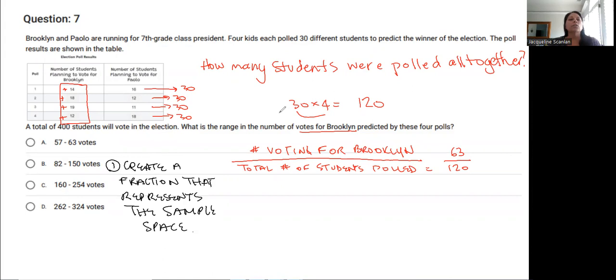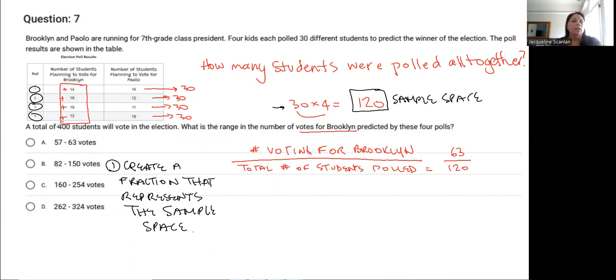Okay, so again, just to recap and go back to the beginning, I know that each one of these 4 students interviewed 30 people each. So I used those 4 different students and the 30 students that they each interviewed, and I multiplied those numbers together to give me the total number of students polled. That's called my sample space. I then looked at the target question.